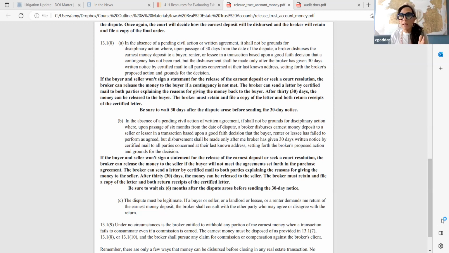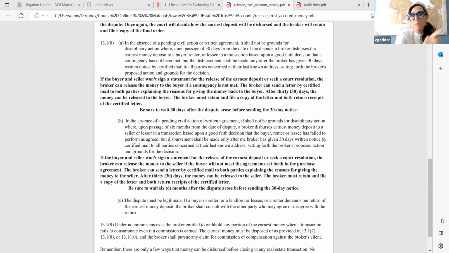But the beauty of this rule is it says you need to contact your parties at their last known address. It doesn't tell you to Google them all over the United States to find them. You send the certified letter at their last known address, setting forth the broker's proposed actions and the grounds for the decision. You wait 30 days, you cut the check, you're done.